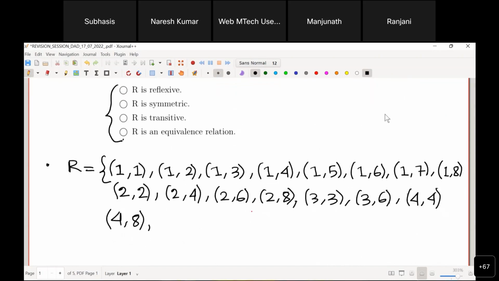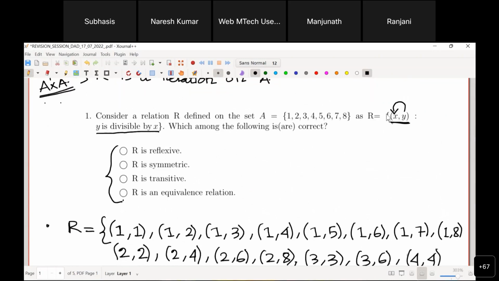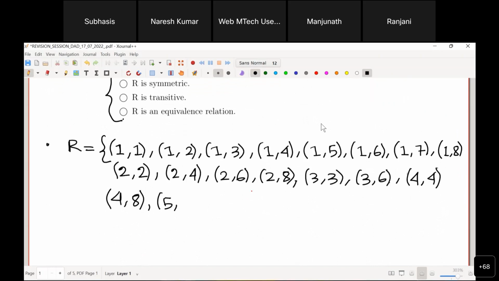Once I start with 5, I cannot take 6, 7, 8, 1, 2, 3, 4, because 5 doesn't divide any of these numbers. So I have only one option here, 5 comma 5. Similarly for 6, 7 and 8, I cannot take any other number apart from the number itself.